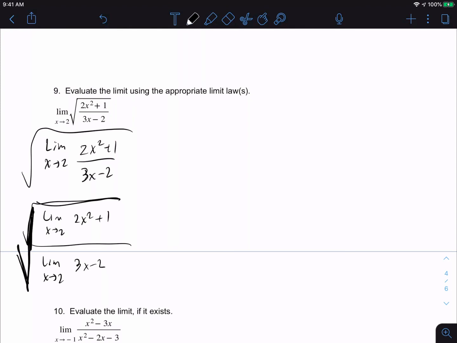And then at this point, I can substitute in for both. So I'm going to get 2 times 2 squared plus 1 over 3 times 2 minus 2, which is going to give me 8 plus 1 over 6 minus 2. So that's 9 over 4.